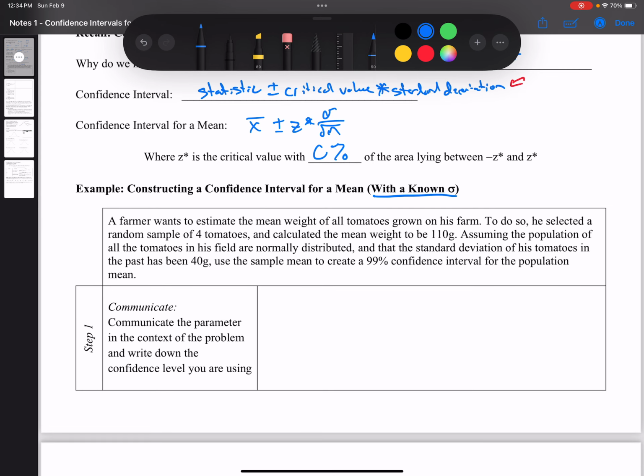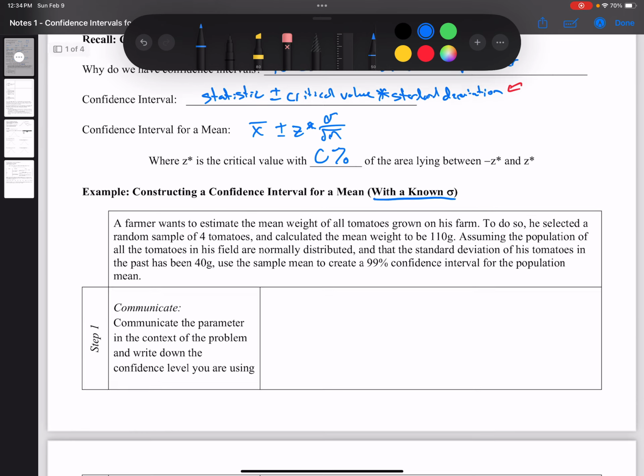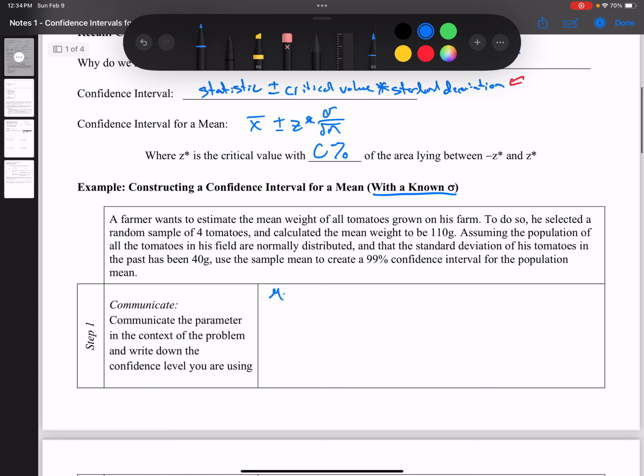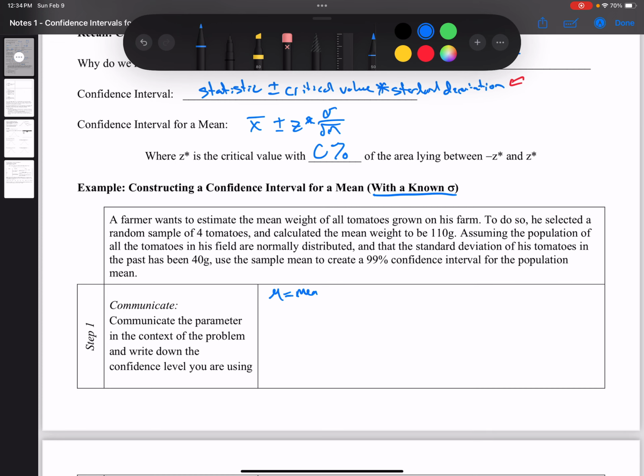So just like before, we have to communicate. We have to see, well, what is our mu this time? The mean weight of all tomatoes in this farmer's field.